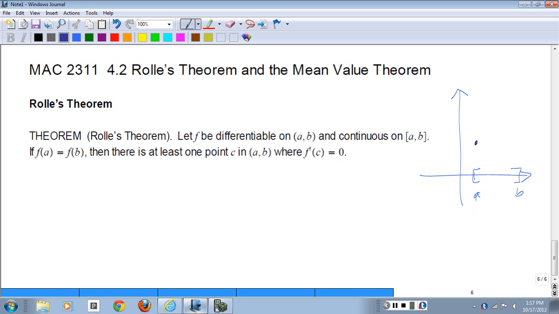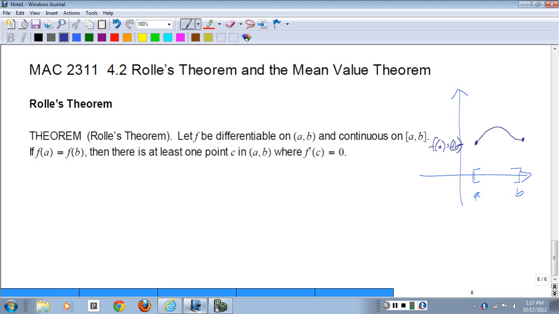So we've got something like that. So, if f of a equals f of b. Okay, so I've drawn this deliberately so that whatever f of a is, f of b is the same thing. So the endpoints have to agree.